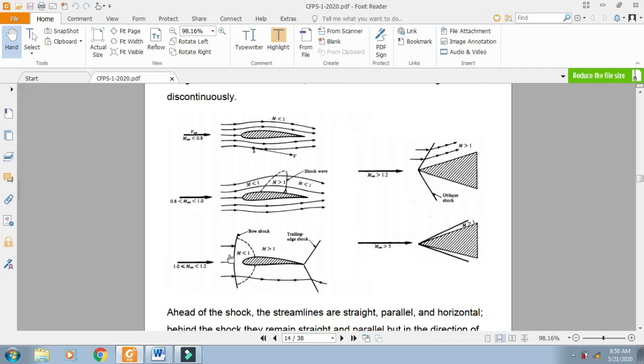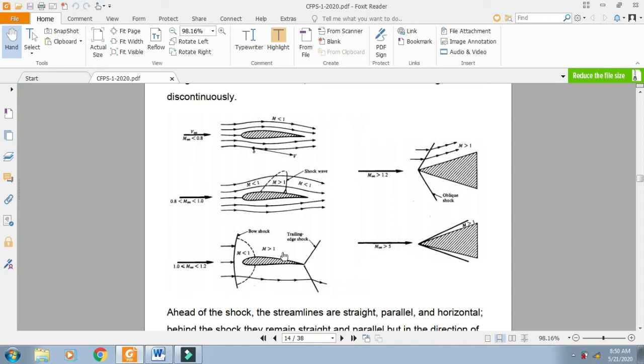As the fluid passes the airfoil, it finds sufficient space. The Mach number increases, M is greater than 1, and at the trailing edge, the fluid from the top and bottom merge, and this again results in an oblique shock. So in this overall flow pattern, we can see locally subsonic and locally supersonic flow.